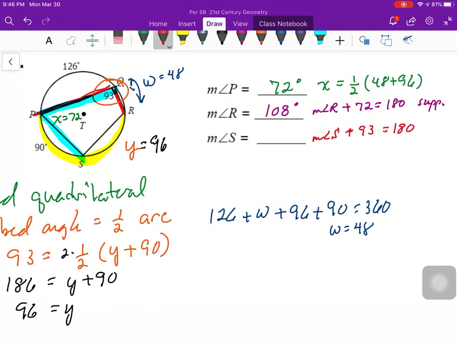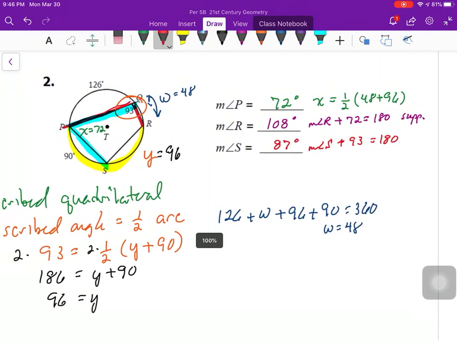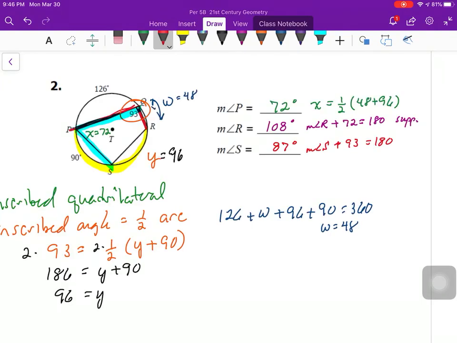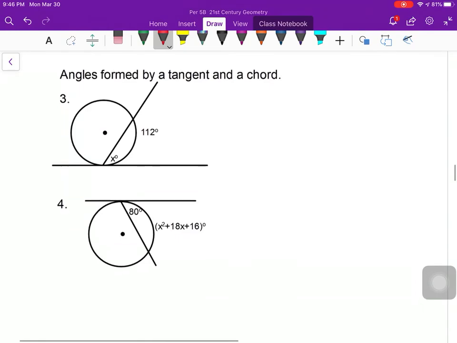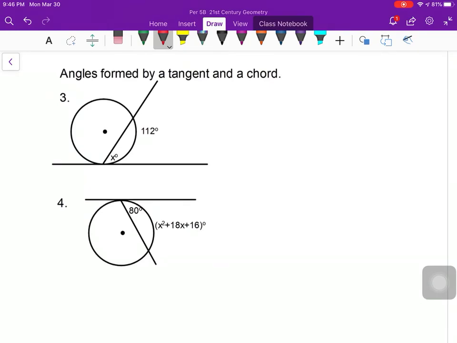So if I take the measure of angle S plus 93, it has to equal 180. So I get 87 there. Quite a bit more complicated on that problem, but certainly not beyond your capabilities. Let's try another one.